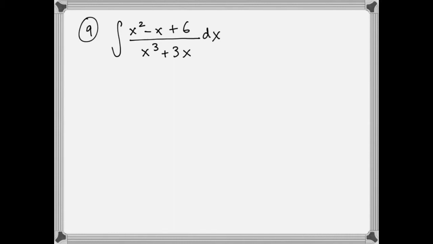Again, we noticed that none of the other methods that we've learned apply to this. However, we can factor the denominator, right? So let's go ahead and factor that right now.